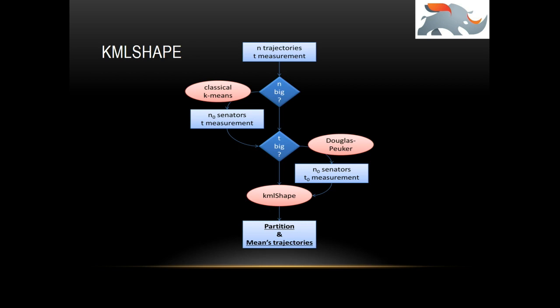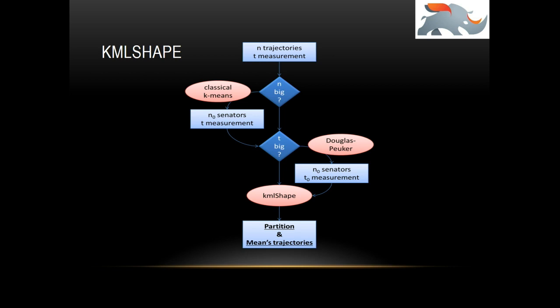So overall, we have a data set with n individuals and t measurements. On this data set, if n is too big, we will not be able to run kmlShape, so we will first run a classical kmeans to elect some senators.